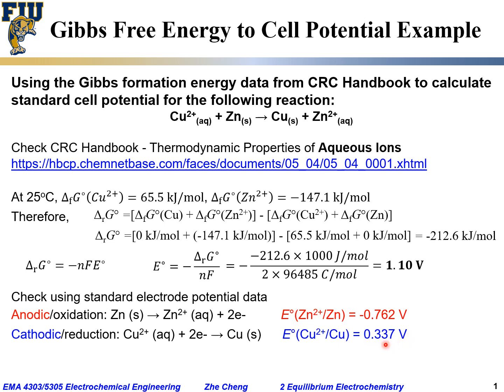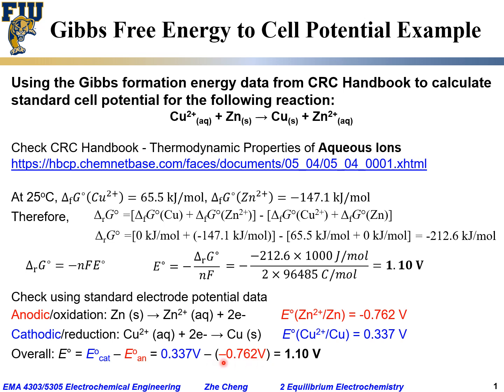Positive 0.337 volt. As a result, the overall cell potential would be the standard electrode potential for the cathodic or reduction half cell, which is 0.337, minus the anodic or oxidation half-cell standard electrode potential, which is minus 0.762 volt.